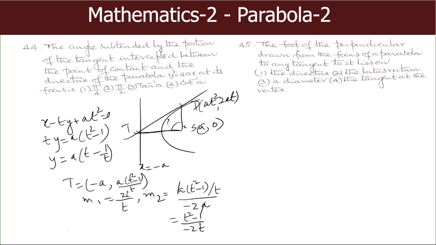I am sorry, slope of SP is 2at minus 0 over a t square minus 1. So m1 is 2t by t square minus 1 and m2 is t square minus 1 by minus 2t. So the product of the slopes is minus 1. Follow? And therefore the angle between SP and ST is a right angle, so 90 degrees.